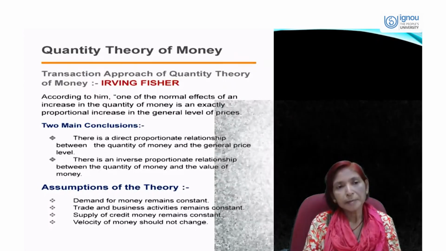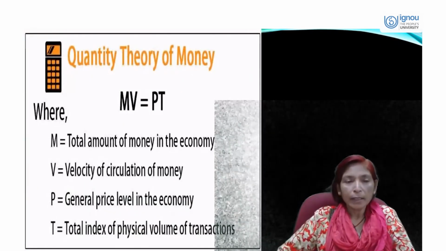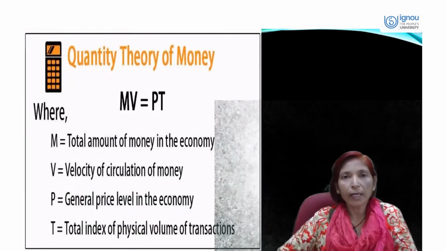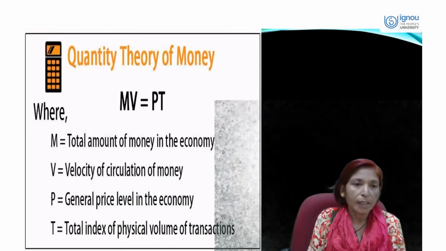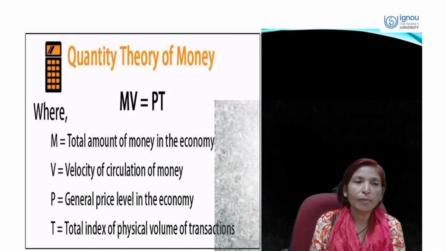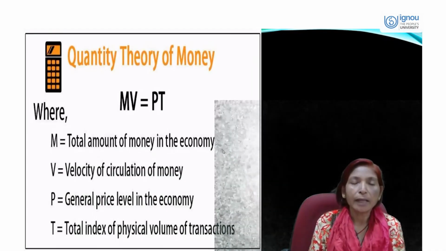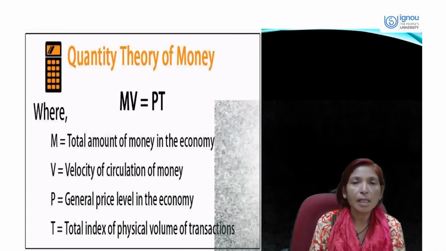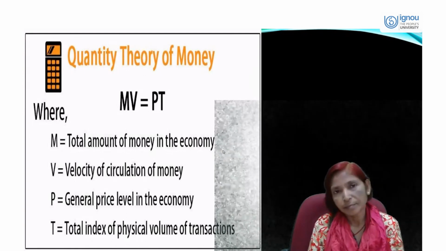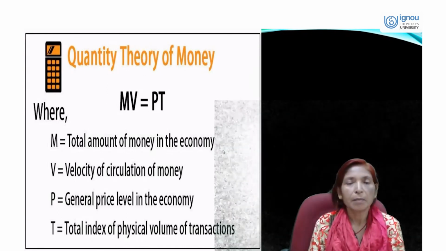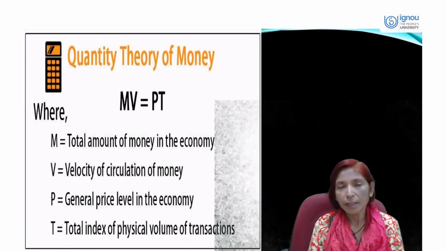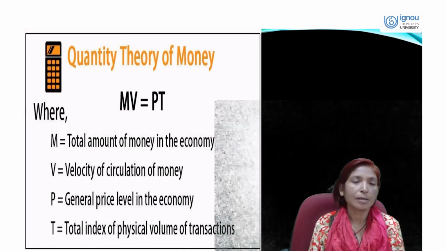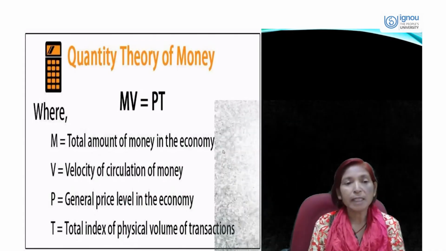Now next, quantity theory of money we can explain with the help of this equation. Here is the equation of quantity theory of money, that is MV equals PT. M is money supply, V refers to velocity of money or circulation of money.